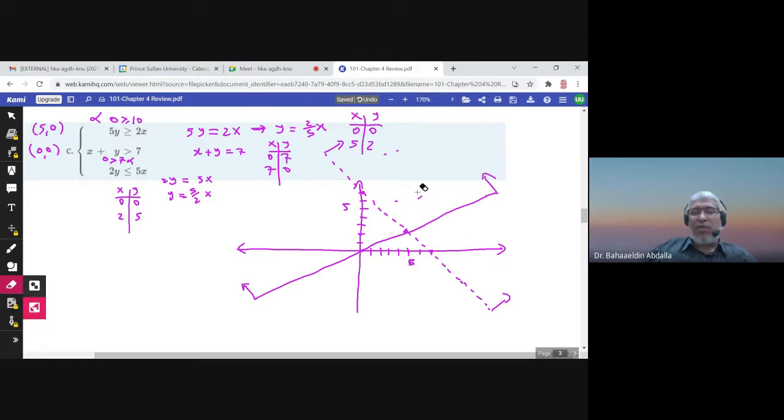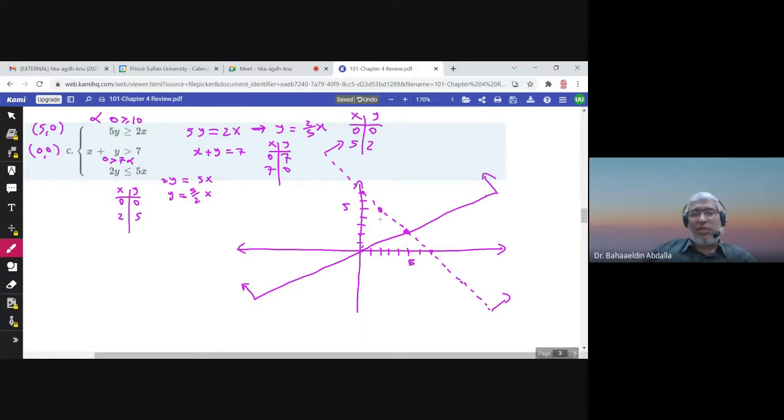But I need to see the third line. Well, the third line is a line passing by the origin 0, 0, 2, and 5. Okay, this point. 2, 5 is a point on this line because 2 plus 5 is 7. And also 5, 2 is a point on this line because 5 plus 2 is 7. So this is the line.